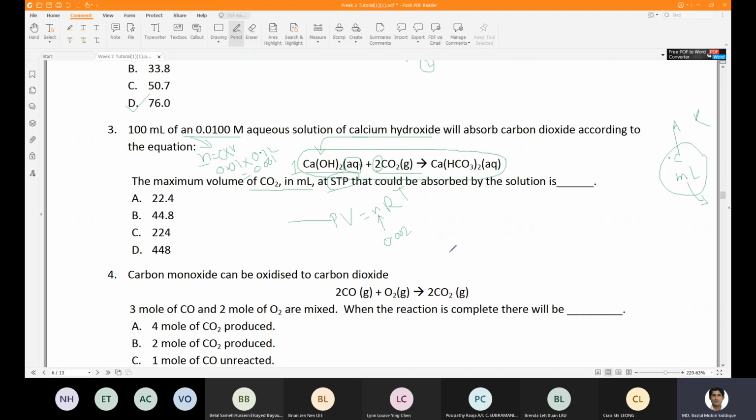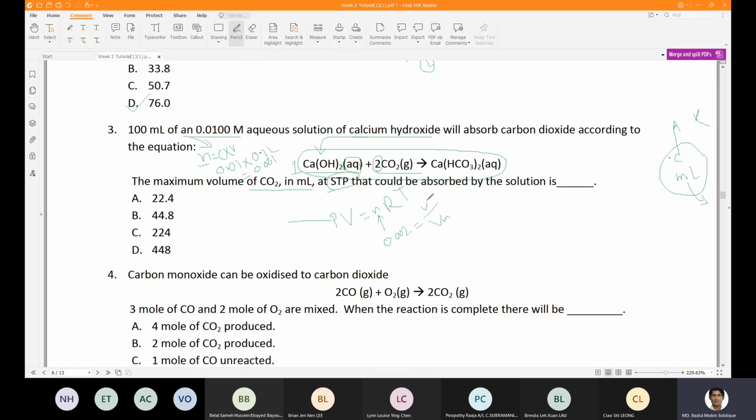So we can also find n equals V over Vm. Whichever way you feel comfortable, you can do V over Vm.